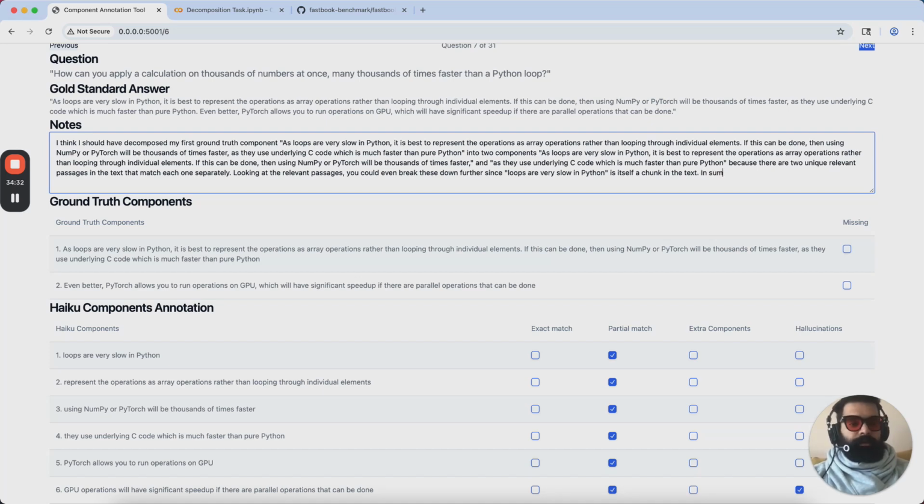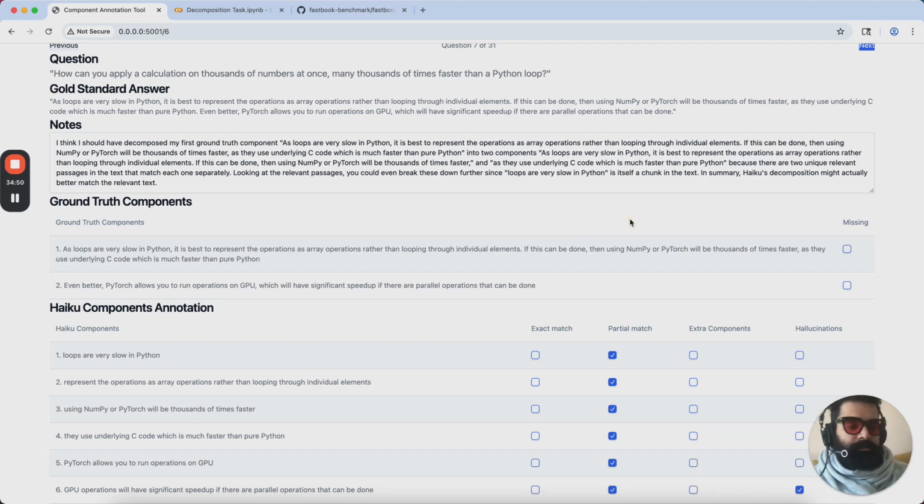So, in summary, Haiku's decomposition might actually better match the relevant text. So that is interesting.